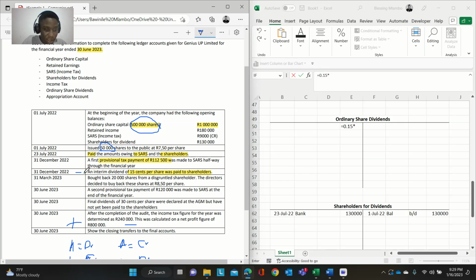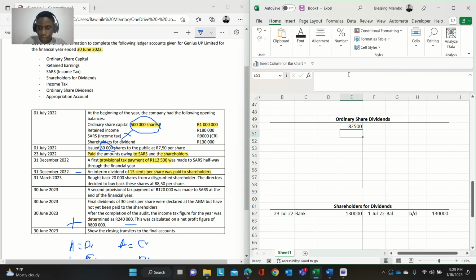So the company will pay a dividend of 15 cents per share on these shares. We multiply the 15 cents by the number of shares, and then we credit bank because we've paid this amount, right? It's not a liability because we've paid this amount.